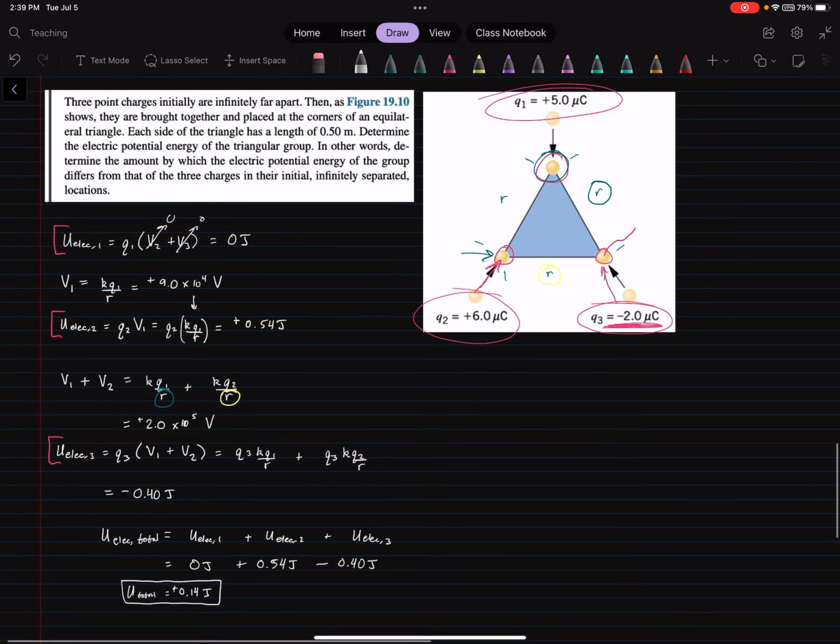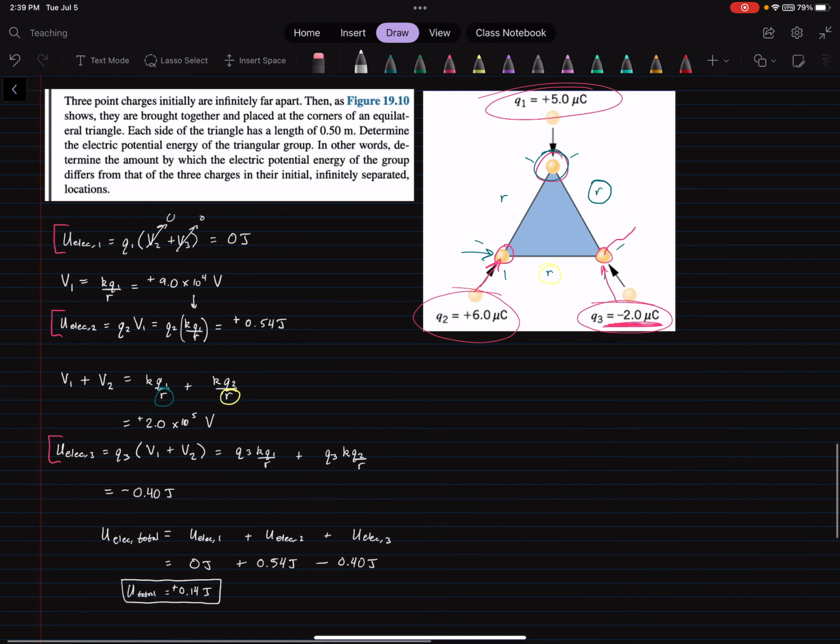All right, so what I would like for you to do is either pause now and do it, or after the lecture at your own time, do that same thing in a different order, any other order. So instead of doing Q1, Q2, Q3, you could do Q3, Q2, Q1, or Q3, Q1, Q2, you know. So do it in a different order, and verify that you actually get the same answer, right?